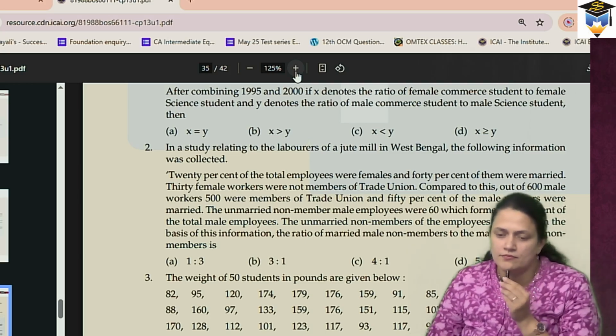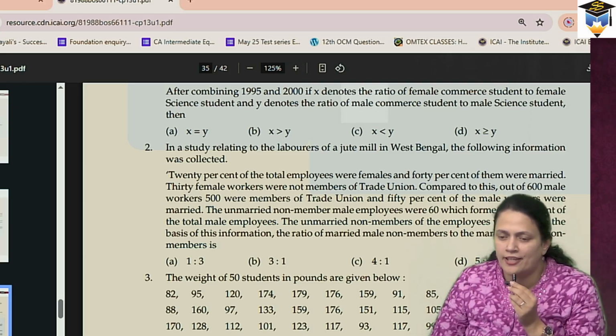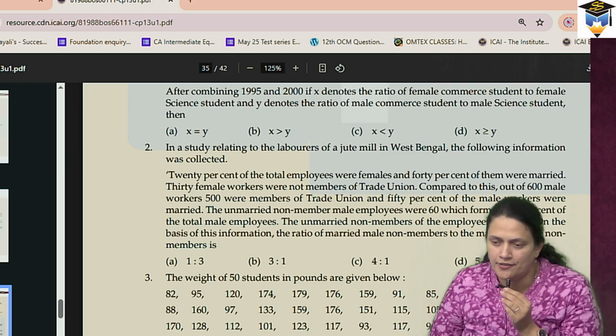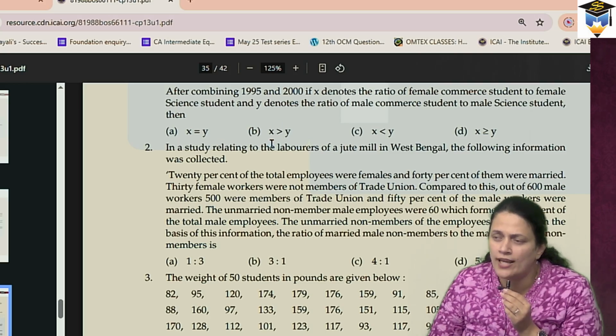Okay. So in a study relating to the laborers of a jute mill in West Bengal, the following information was collected. So what is the answer, by the way, for question number 1? X is equal to Y, X is greater than Y, X is less than Y.